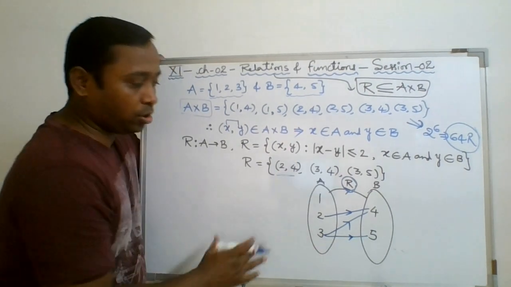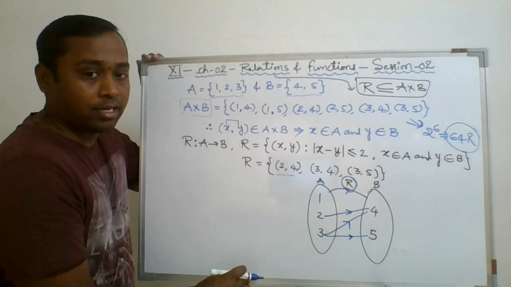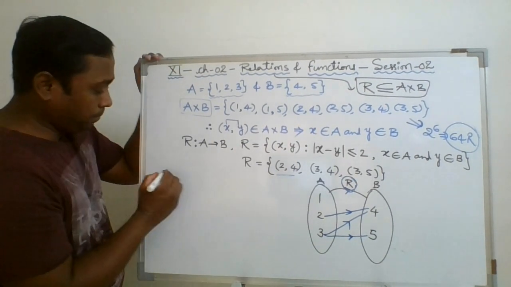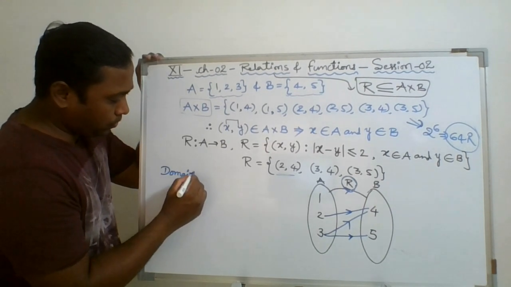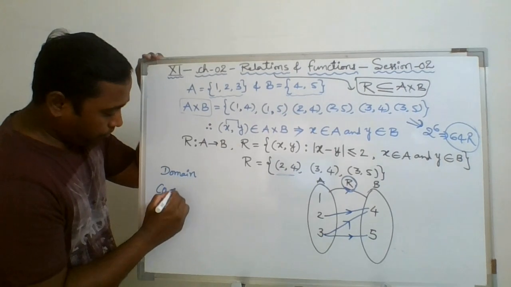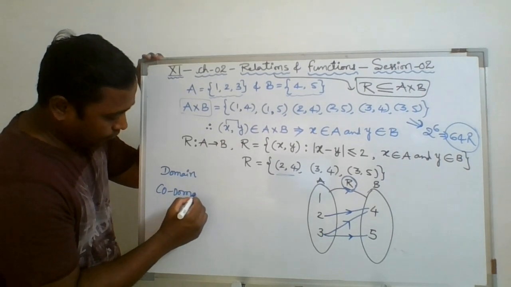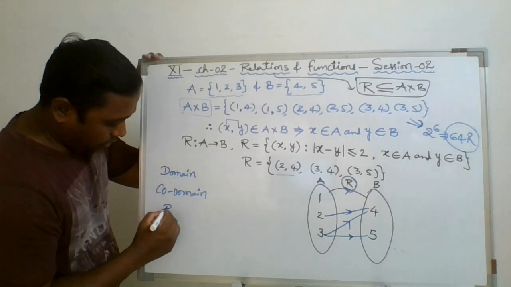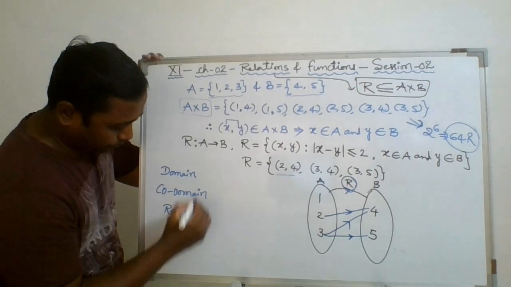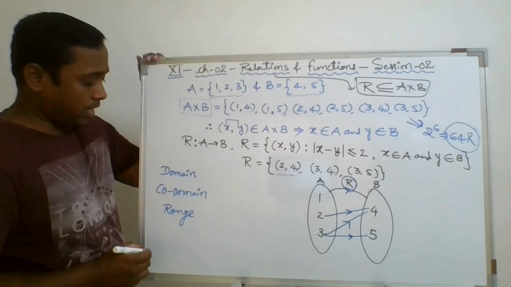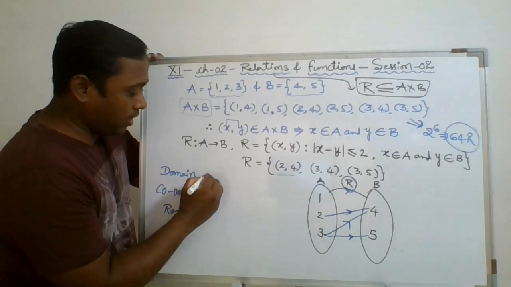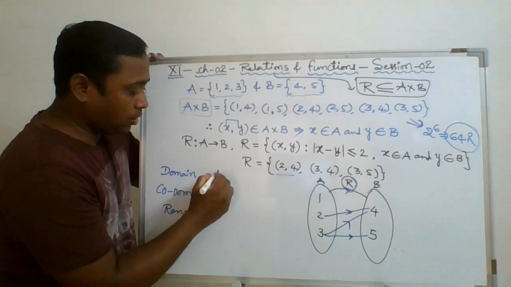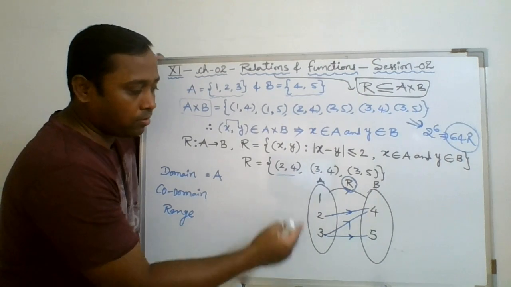From this relation, we are going to understand the terminology: domain, codomain and the range, the most important terms. Just need to understand the domain of this relation R. Domain is simply the set of first elements. So what is the first set?